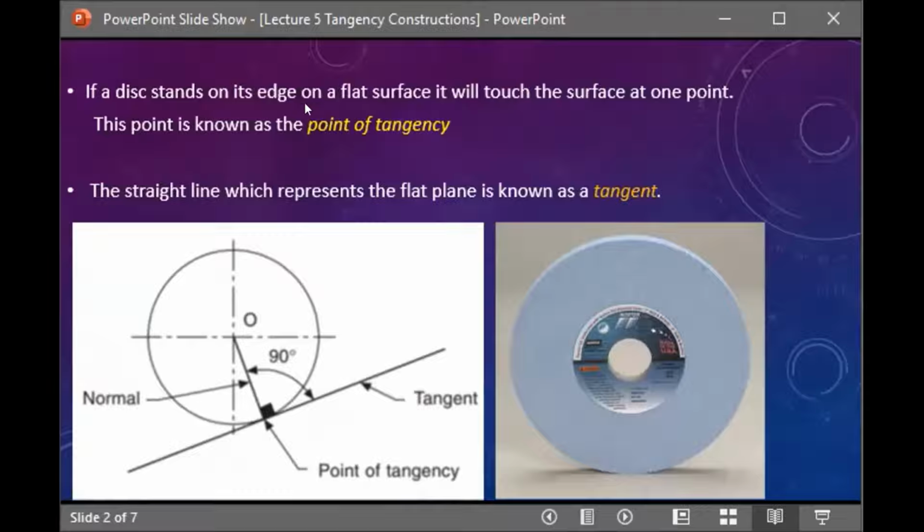Okay, now the disk or the coin makes contact with the table, for that matter, the flat surface, at a point. Now that point, you can see over here.